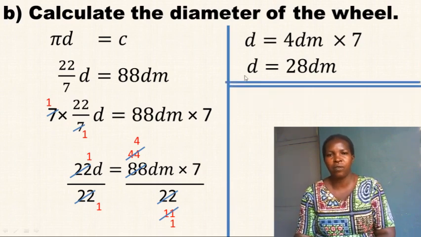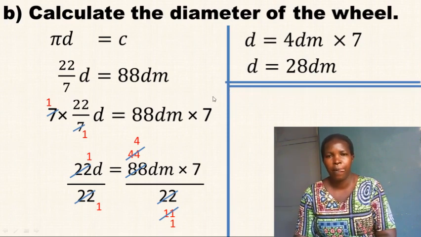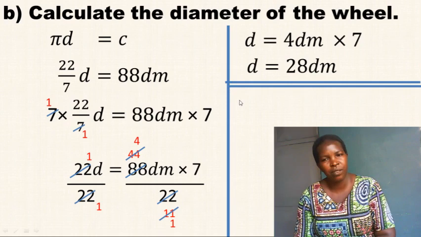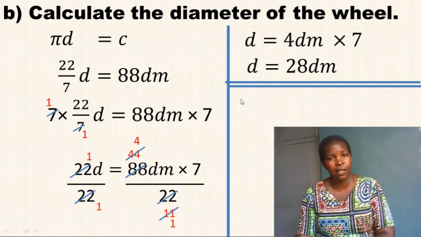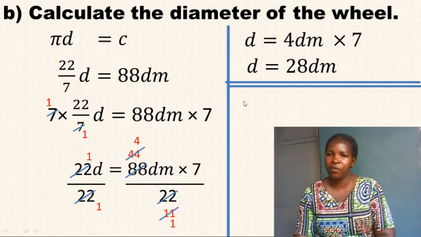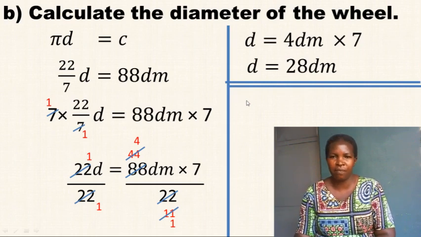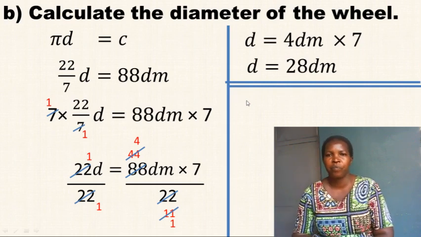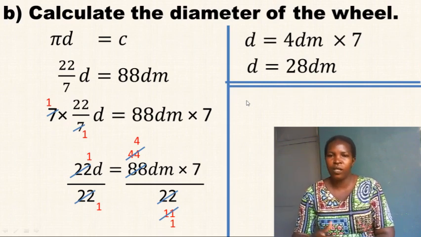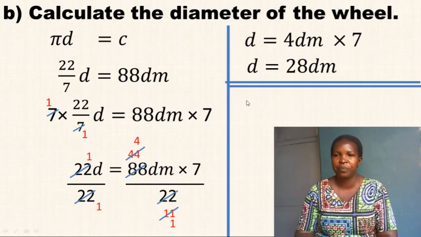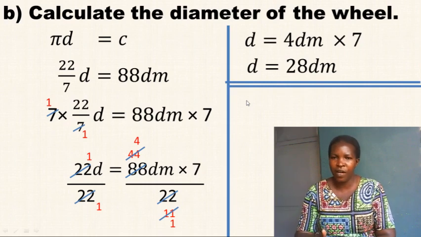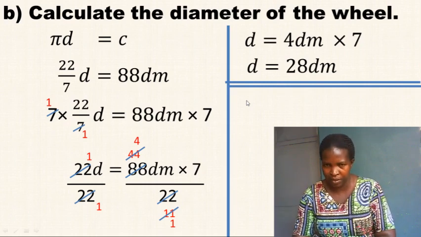We've fully answered question 1 part A and question 1 part B. In question 1 part A, my dear boys, if you can recall so well, the question required us to find the circumference. And I gave you 2 ways of looking for circumference. The first way was the use of the formula, where circumference is equal to distance divided by the number of revolutions.